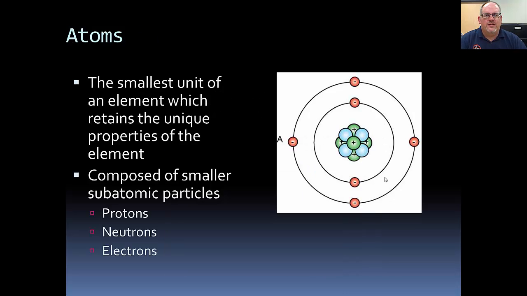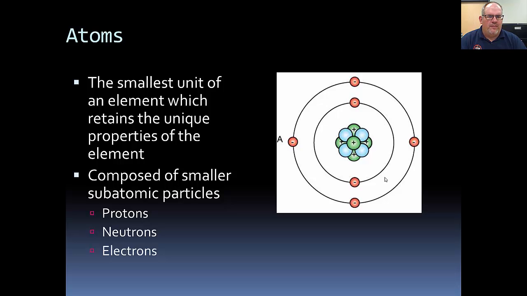When we look at matter itself, the smallest unit of an element, one of these chemicals we're talking about, being oxygen, carbon, hydrogen, the smallest unit that retains the actual property of that element is what we call an atom. And so atoms all have the exact same shape.